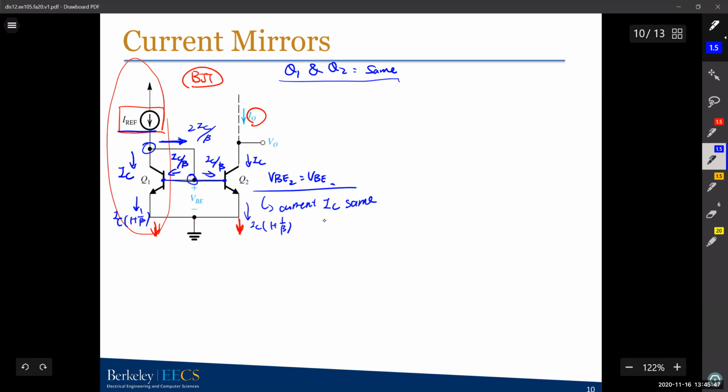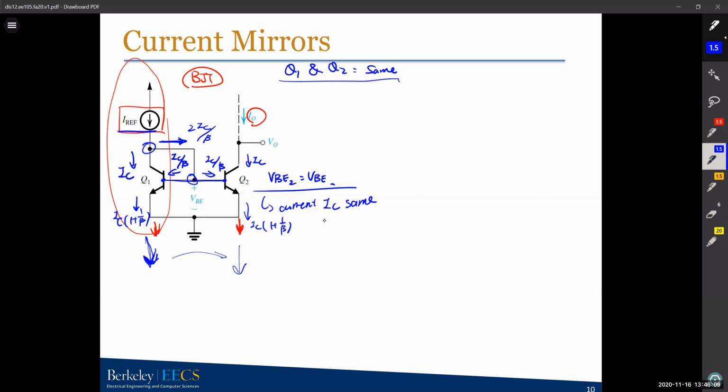This is your IE. So this is the current mirror. If you bias one part of your circuit correctly, you will have the same current in the other half of your circuit. So this is a mirror.